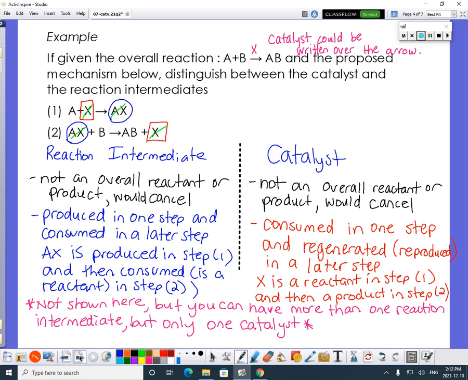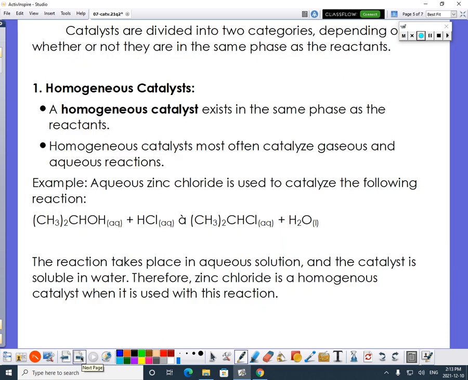There are two very broad categories of catalysts, homogeneous and heterogeneous, which are exactly the same as the terms you learned in grade 9. Okay, so homogeneous is the same phase or the same state.